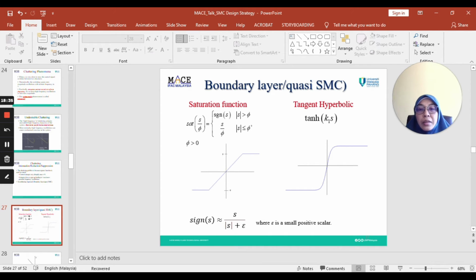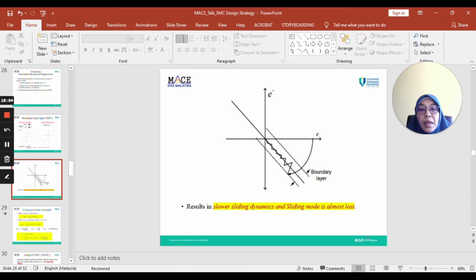Or we can replace it with the hyperbolic tangent, or with this equation, where epsilon is a small positive scalar. And when we have a boundary layer, what is meant by boundary layer?